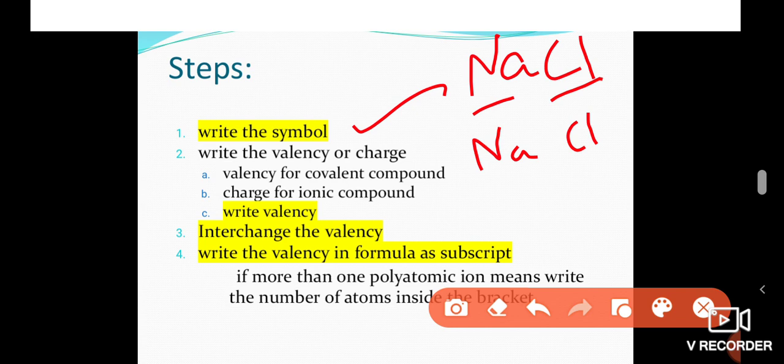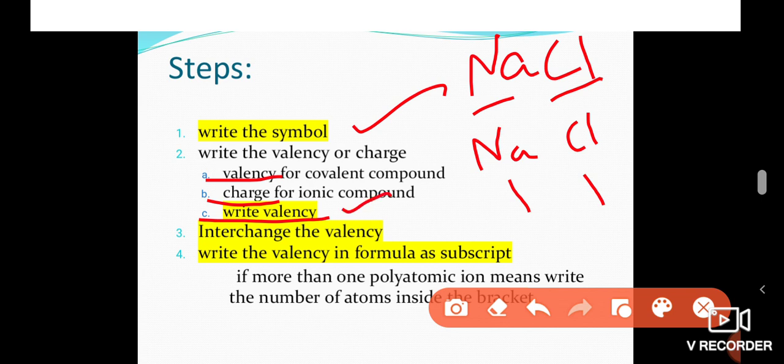You know that the valency of sodium is 1 and the valency of chlorine is also 1. For a covalent compound, write the valency. If it is an ionic compound, write the charge. But don't be confused, you can simply write the valency alone. First step is to write the symbol and second step is to write the valency.